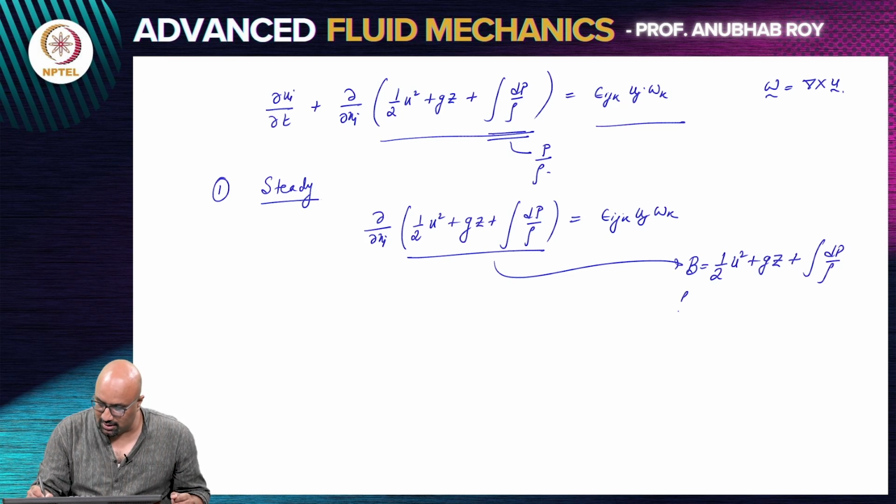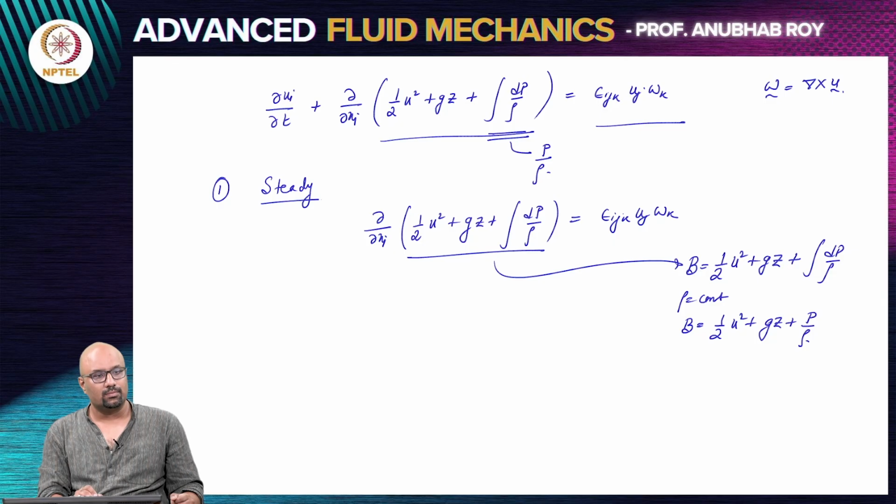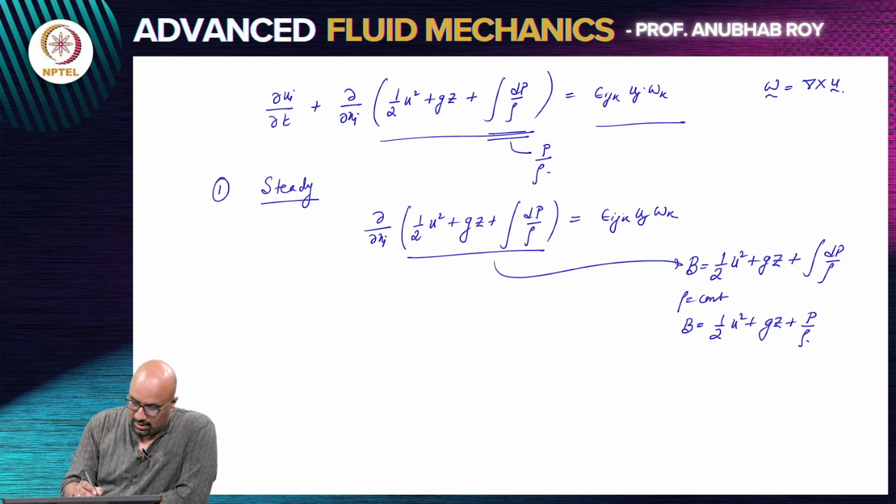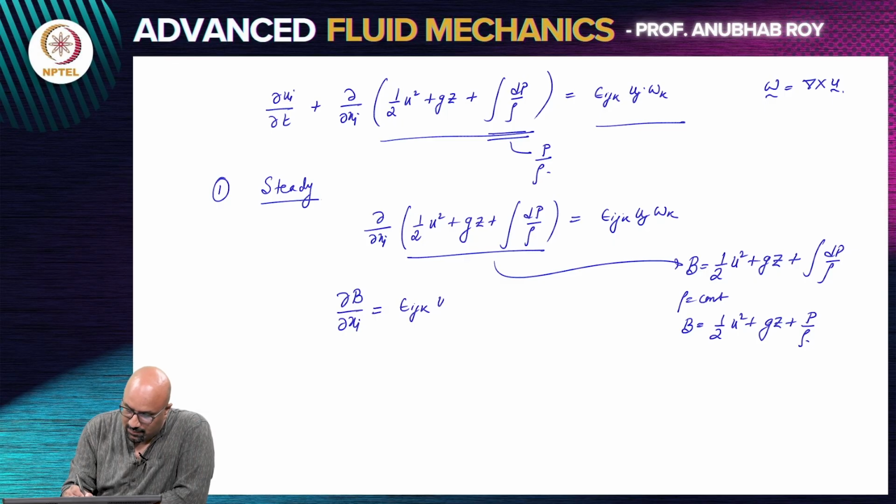For a constant density fluid, B becomes half u squared plus gz plus P by rho. So then for a steady problem, I have ∂B/∂x_i equal to epsilon_ijk u_j omega_k. This is nothing but a statement of steady momentum conservation in the absence of any viscous effects.